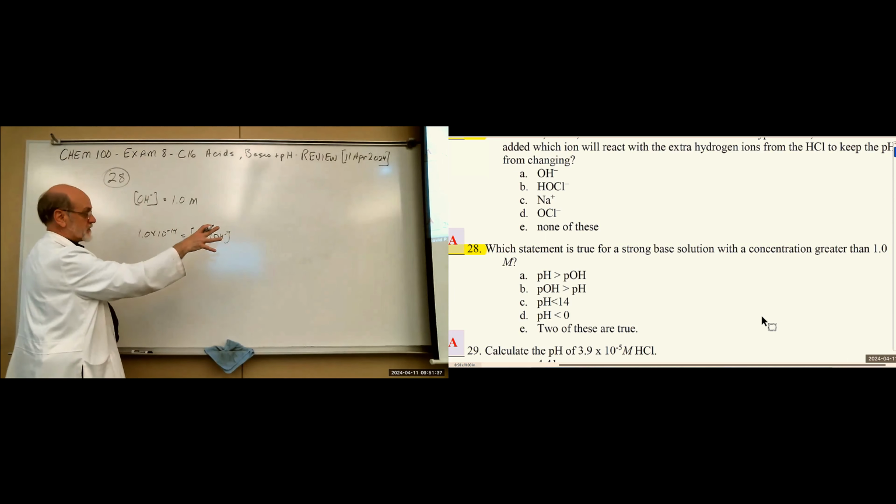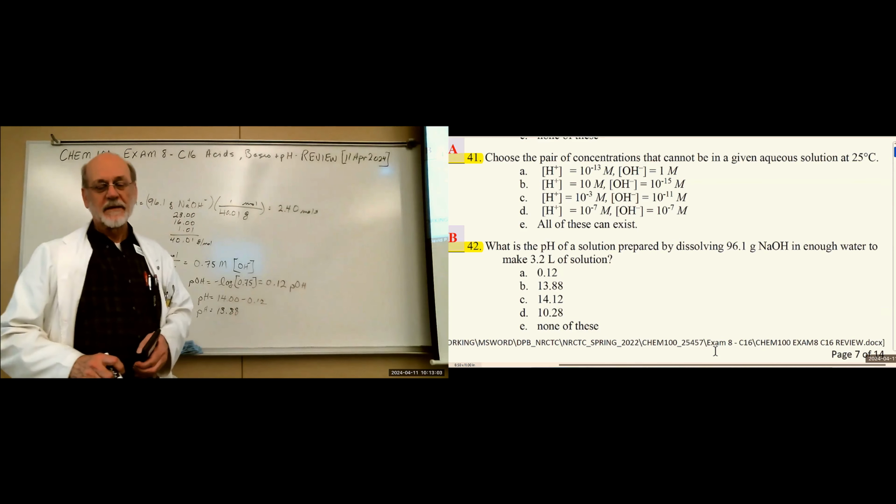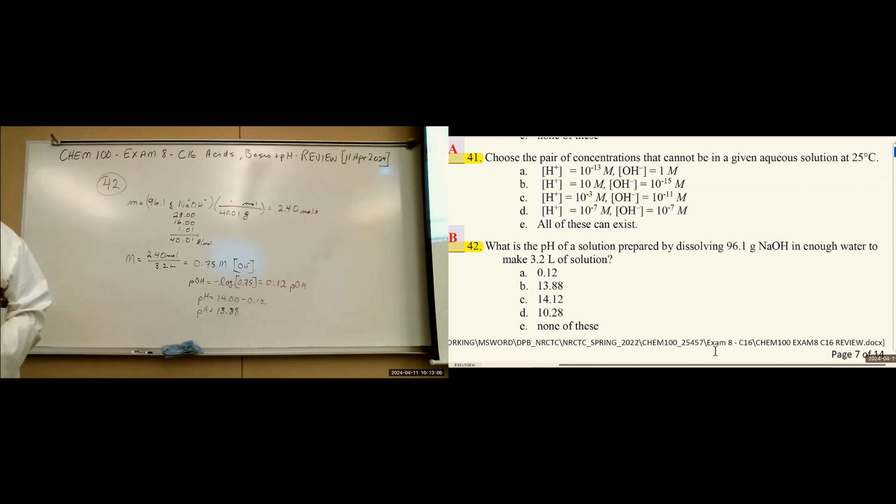And pH is equal to 14 minus 0.12, which should be, let's see, 13.88, right? Let's see, add those together, yeah, 13.88 should be the pH of this solution.